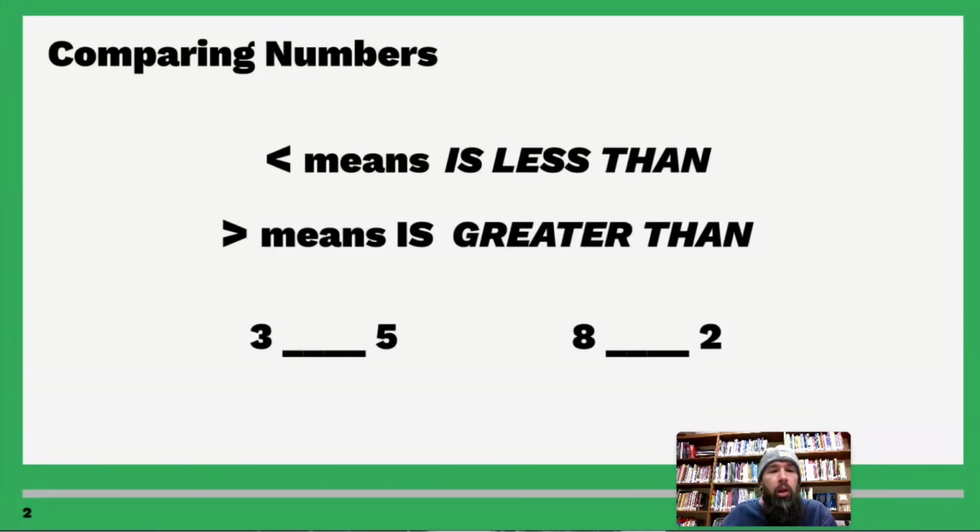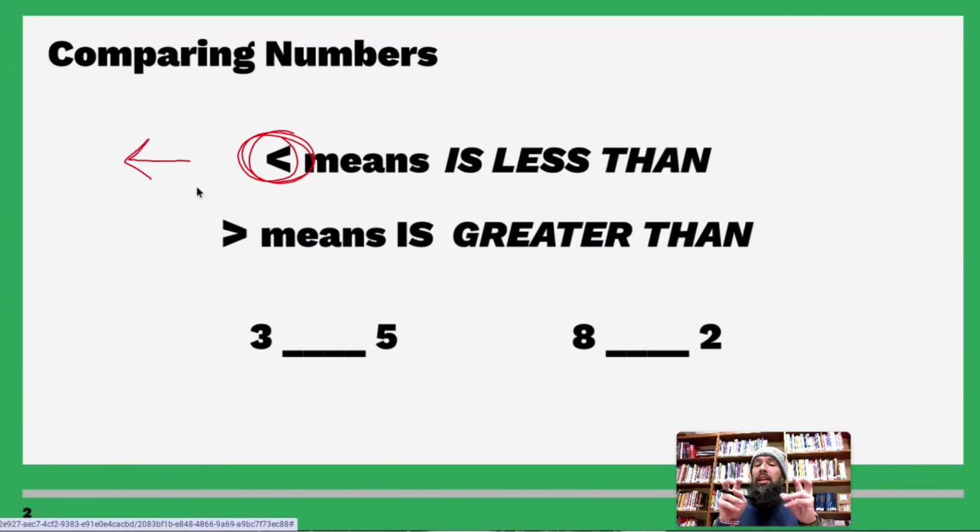Let's get started. Let's take a look at some symbols. This little arrow pointing to the left, without the line, means is less than. Just think of any two numbers. 5 is less than 100.